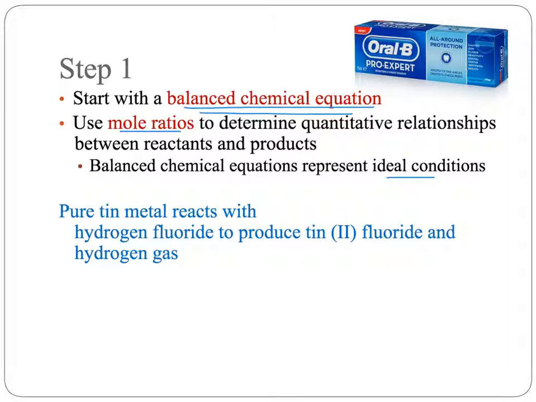Let's think about what happens when you react tin with hydrogen fluoride to produce tin fluoride and hydrogen gas. So this is our word problem. Tin fluoride is the type of fluoride found in some of the more expensive toothpastes. And so to write this chemical reaction, we have tin, and this is not one of the ones that you have to memorize, but tin, metal, so it's a solid, plus hydrogen fluoride.